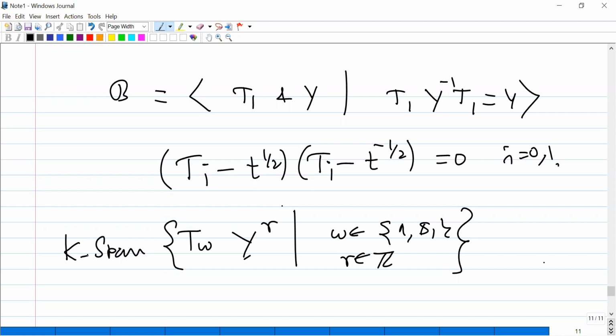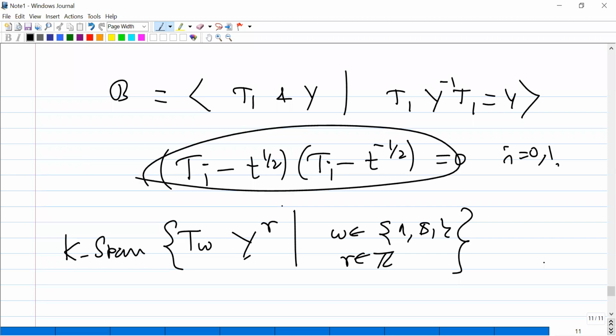What is important is that if you take T goes to 1, then this relation will come down to Ti square being identity.